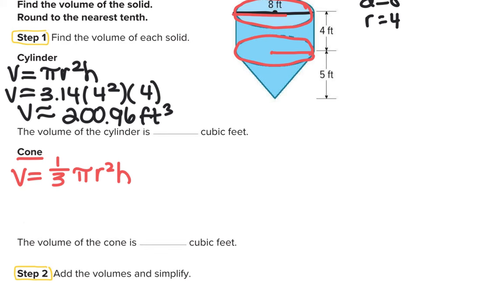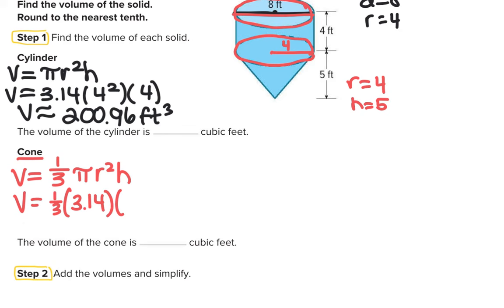So if we had a diameter of 8 feet and a radius of 4 for our cylinder, that's actually going to be the same thing for our cone. So our radius on our cone is 4 with a height of 5. And now we just plug that into our formula. So volume equals 1/3. Again, I'm going to use 3.14.